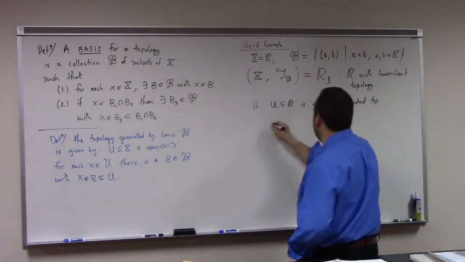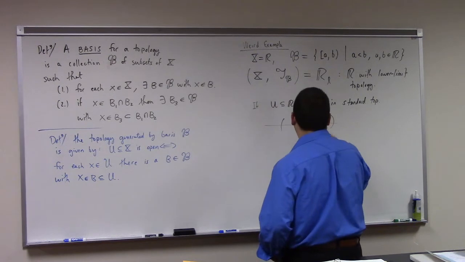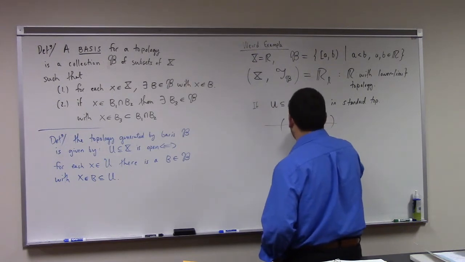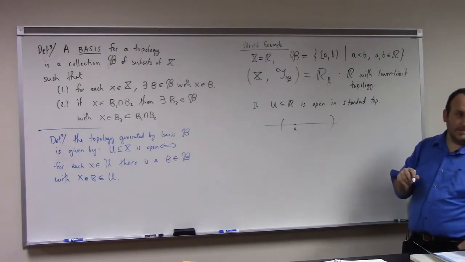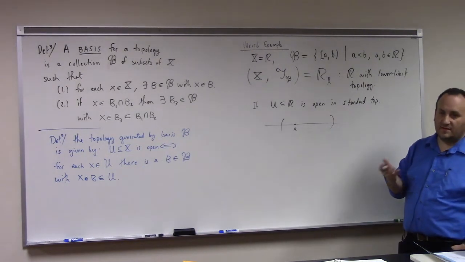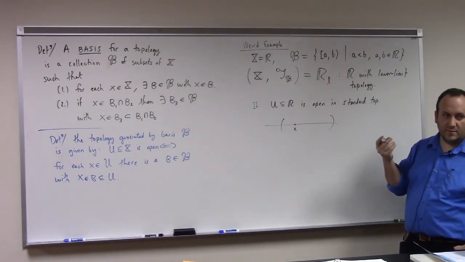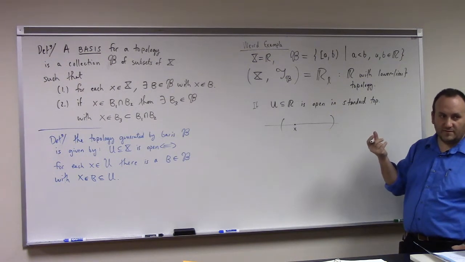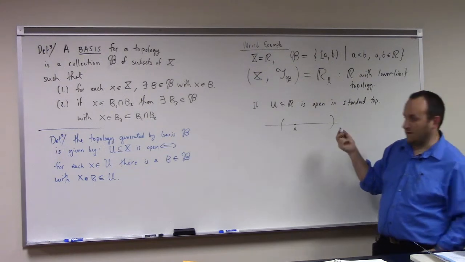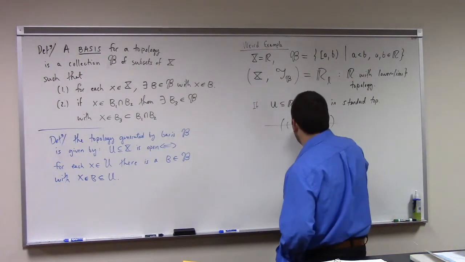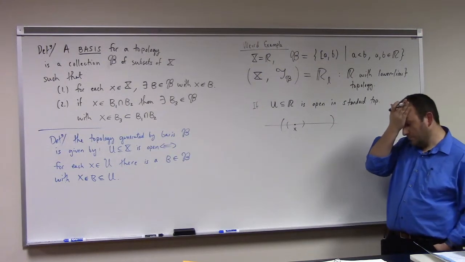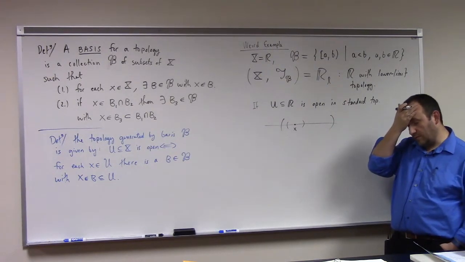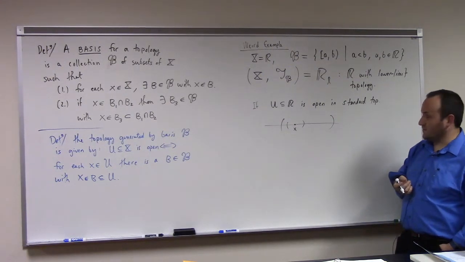If we look at U and you pick a point x in there, what can you do? The standard topology uses open intervals as a basis, right? So if it's an open set, then we can pick a point, and there's going to be some open interval around it. So, open in the standard topological sense.